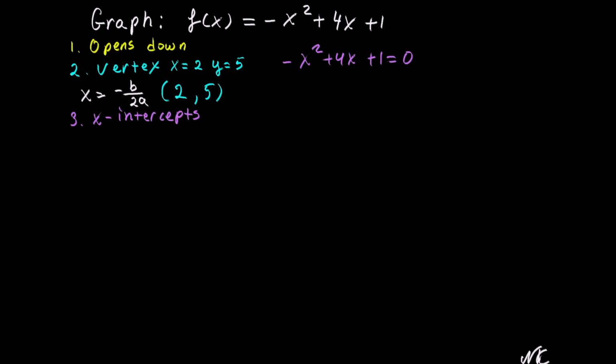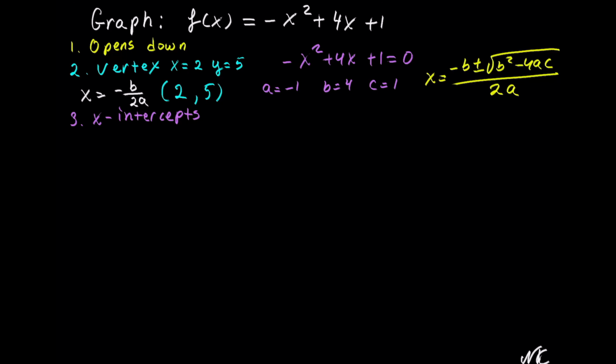The best way of solving this quadratic, especially since we have a negative leading coefficient, is to use the quadratic formula, which is x is equal to negative b plus or minus the square root of b squared minus 4ac, over 2a. In this equation, a is negative 1, the coefficient of x squared, b is 4, and c is 1.